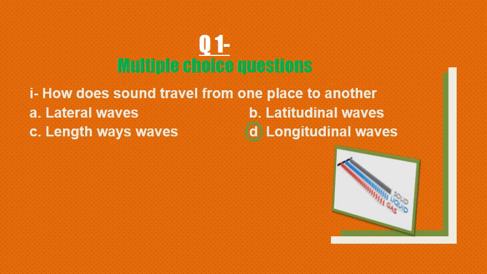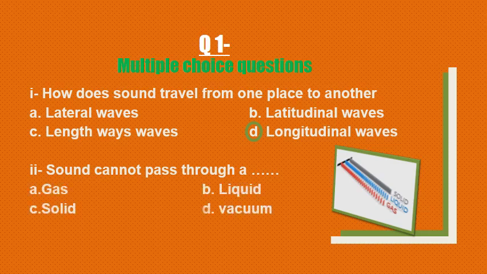Let's see our question number 2. Sound cannot pass through a... Yes, you have to guess the answer. Let's see what options are given to us. We will be given 4 options and we have to select the best one. A, gas. B, liquid.